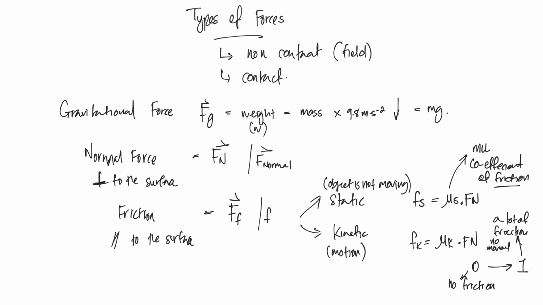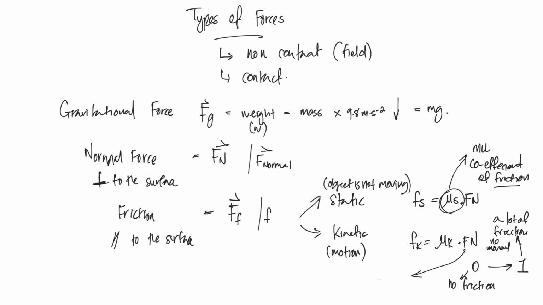So if you are asked to work out the coefficient of friction, it should be between the numbers 0 and 1. In some instances, at a school level, you might get something like 2 as your answer. Then you should be able to identify that there's something wrong, and you'll have to explain why it's incorrect.